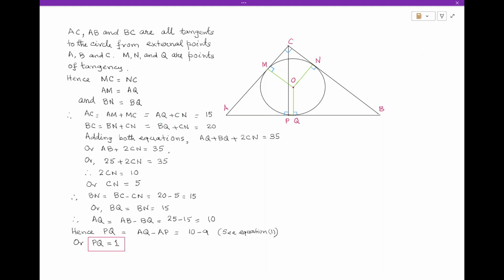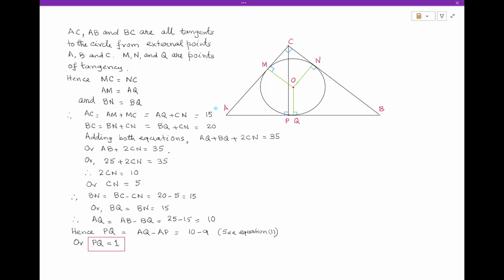Similarly, BC is equal to BN plus CN, which is equal to BQ plus CN, and we know BC to be 20. So, BQ plus CN is equal to 20.